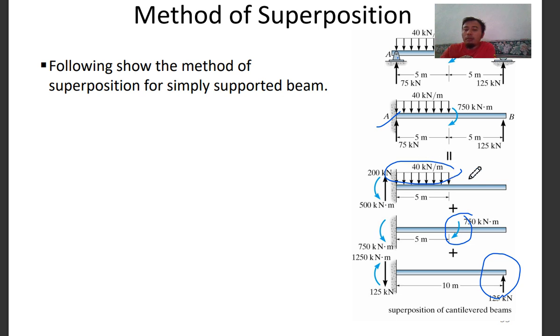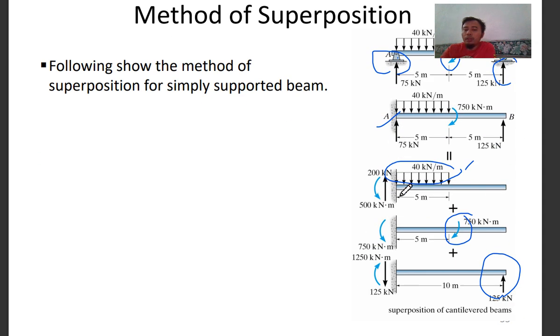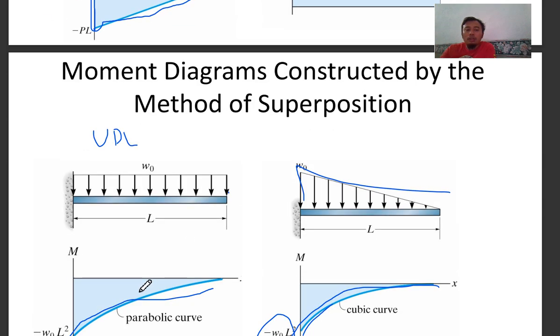For example, say UDL, you just neglect the moment here and the reaction at B, and then you change the support at A to become fixed support. Then you get a graph similar to this, which is a parabolic curve.